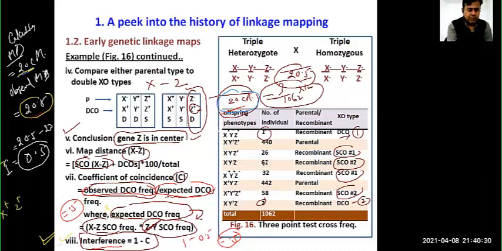X plus and Z plus, SCO only you have to take, not DCO. SCO alone. So it includes this one: 26 plus 61 plus 32 plus 58. Correct, sir? Right. And then similarly you have to take for Z to Y. Z to Y won't come there, sir.